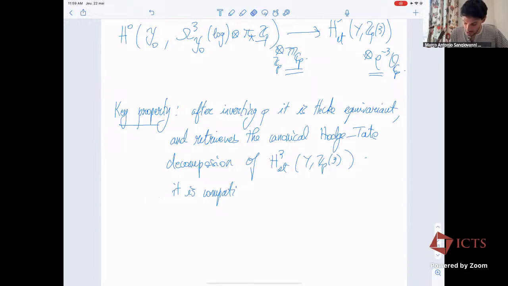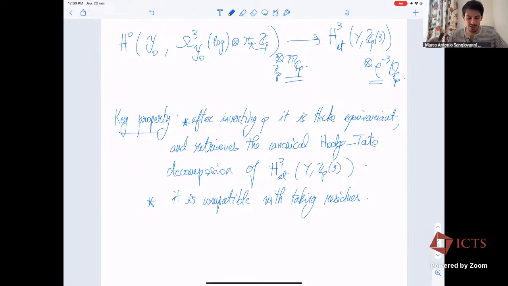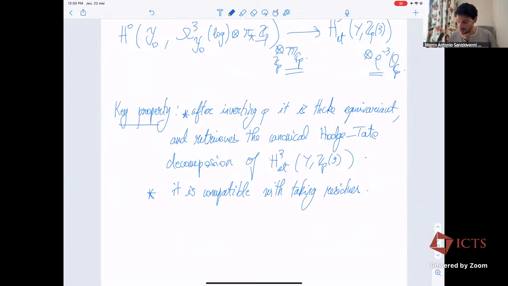It is also compatible with taking residues. And the residue on the right-hand side is just mapping to cohomology with support in the boundary. So it is compatible with taking residues.